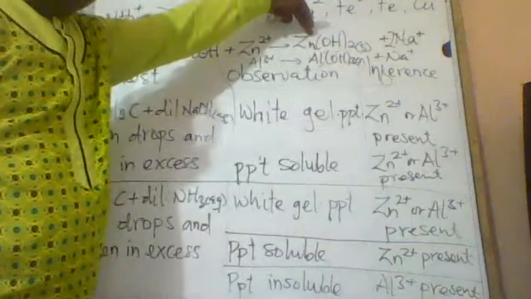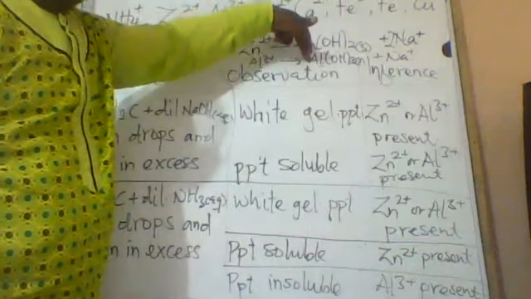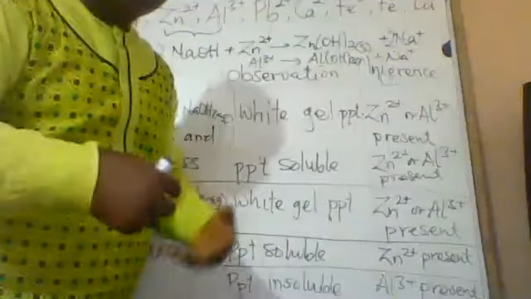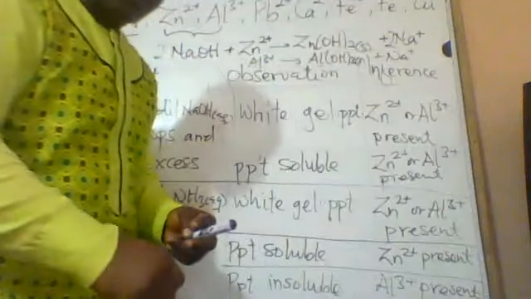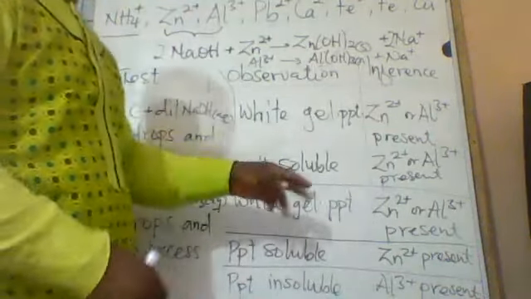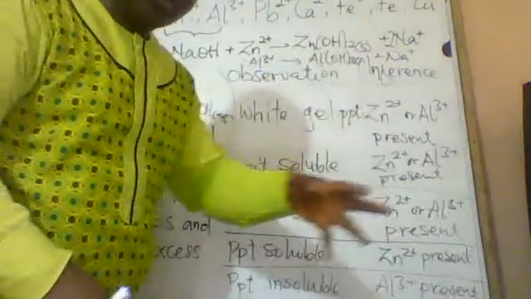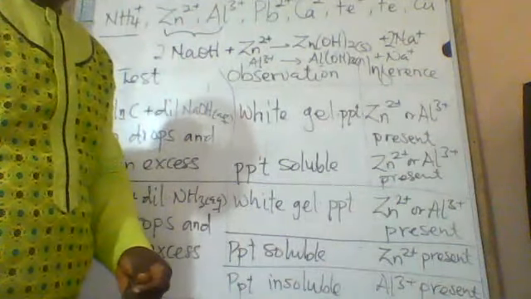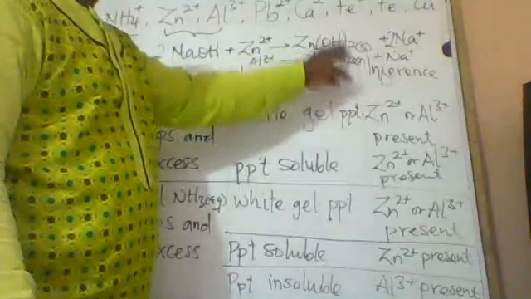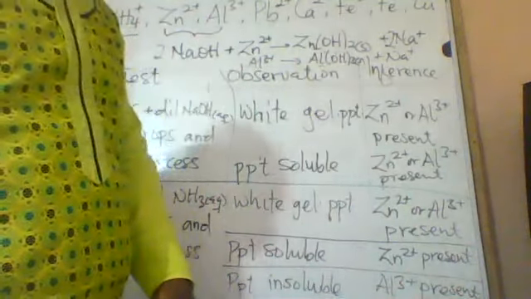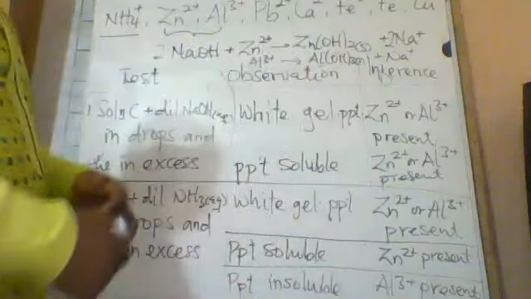Then this precipitate, this solid, or that of the aluminium, when you add excess sodium hydroxide, it will react with it to form a complex. And the complex is soluble. That is why on adding in excess, this PPT dissolves. That one you can write the balanced equation to that effect. So when this PPT dissolves to give you the complex, which is soluble in water, you see the PPT disappearing. It's a complete reaction that has occurred there.